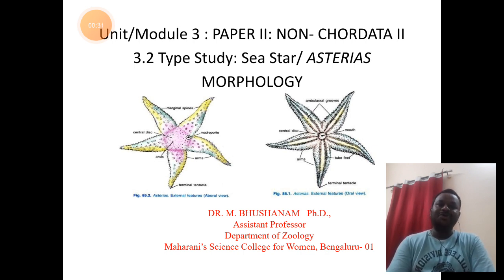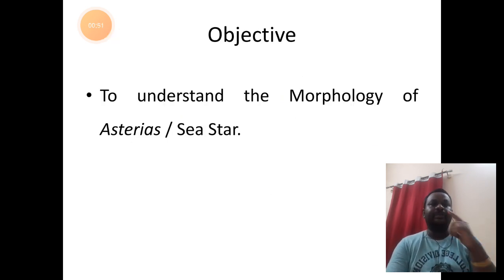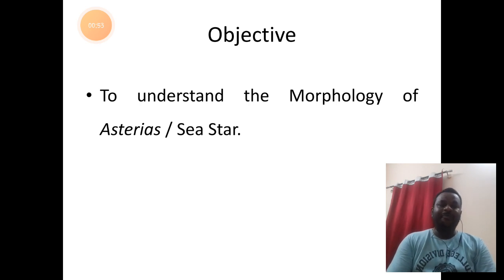Today, we are going to learn a topic under paper 2 non-chordata 2, that is 3.2, which includes morphology of Asterias or sea star. The objective of the present session is to understand the morphology of Asterias or sea star or starfish.